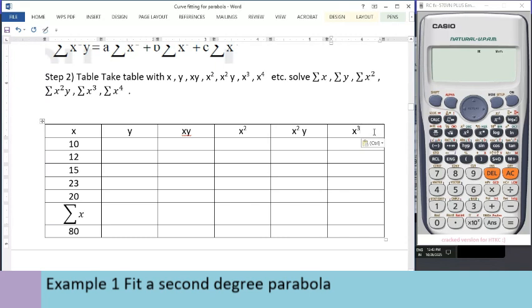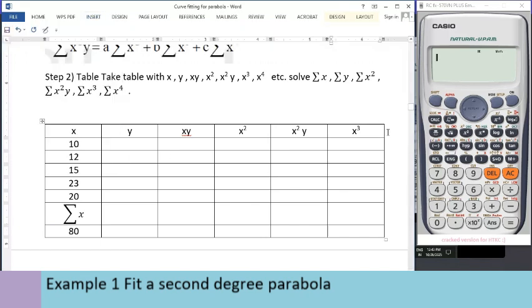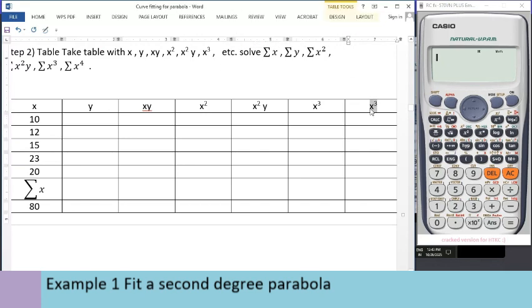One more is remaining, right? Add it here. Okay, calculate x raised to 4. So this table you must get ready now. Everyone got the same answer, students?